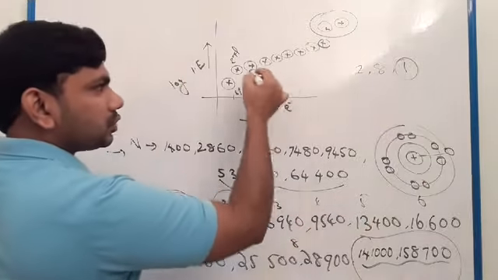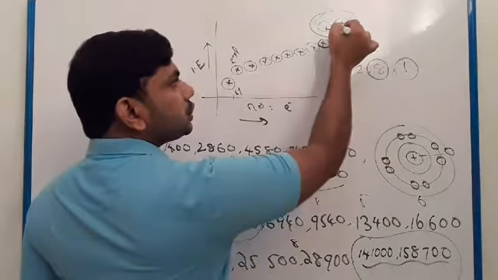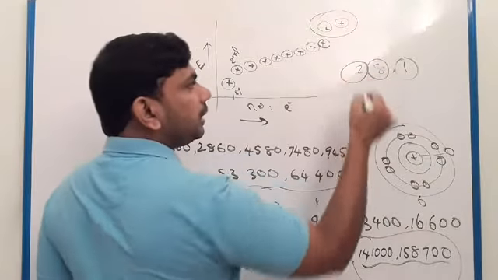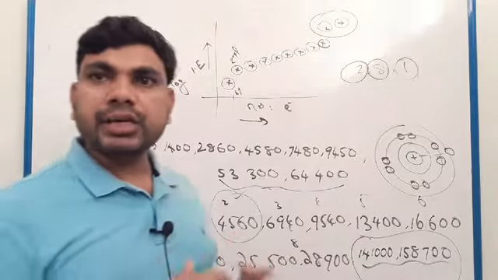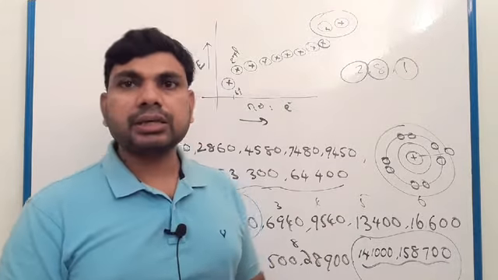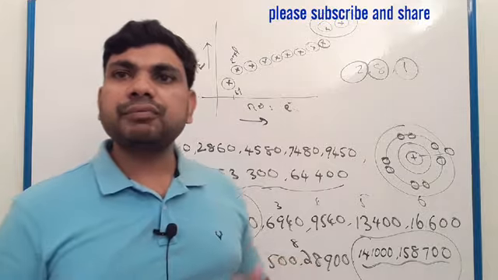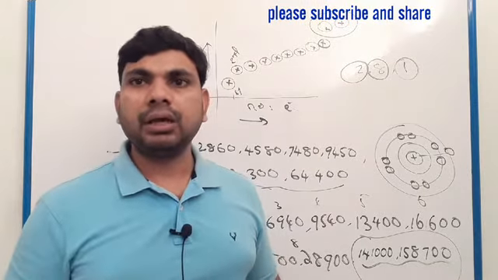Another 8 electrons are in another orbit, and last two ionization energy, these 2 electrons are in another energy level. So this successive ionization energy indicate that sodium consists of three energy level, three principal energy level.